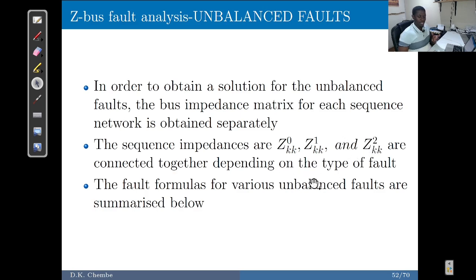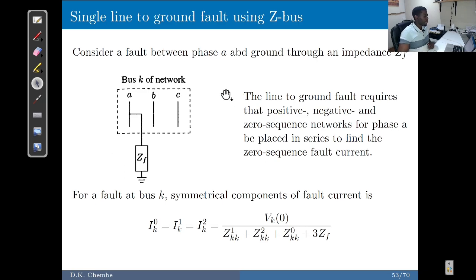And the connection I just showed you depends on the type of fault that you have, whether it's a line-to-line, line-to-ground, or line-to-line-to-ground fault. Okay, now let's look at the single line-to-ground fault using the Z-bus.